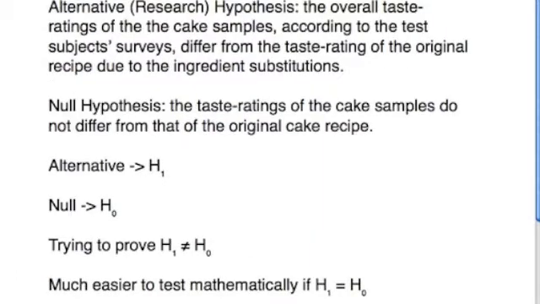Make sense? Oh, and this is usually written H sub 0 minus H sub 1 equals 0. That's mathematically and technically correct, the right way.